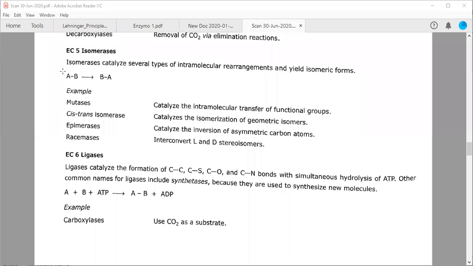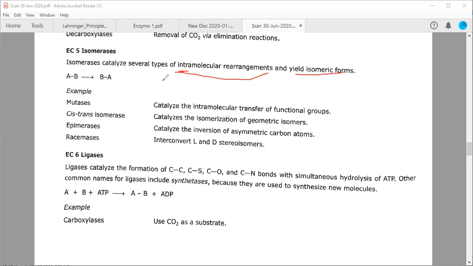For example, some molecule like this, it will convert it into like this. So they catalyze several types of intramolecular rearrangements. If you remember this particular term, nobody is going to question you again about isomerases. What is intra? Intra is the same molecule. And they yield the isomeric form.